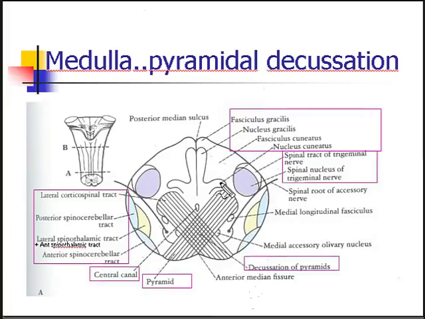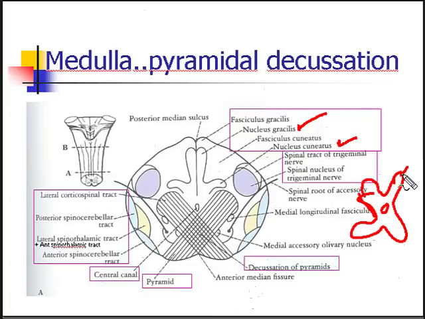If you look at this, I said it kind of looks a little bit like an H. This was the H of the central canal. That's the central canal, this was the posterior horn and this is the anterior horn. So nucleus gracilis and nucleus cuneatus collectively are like the posterior horn cells.